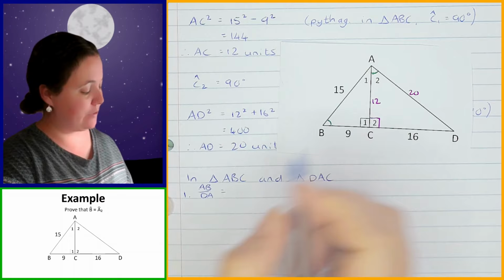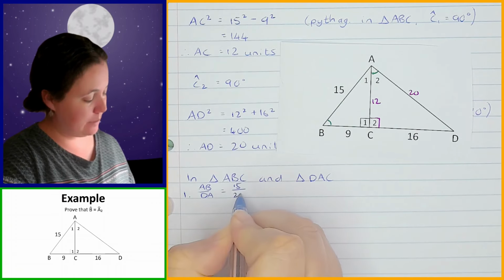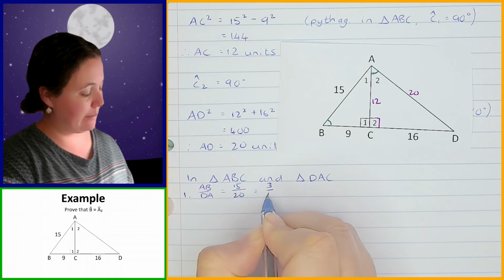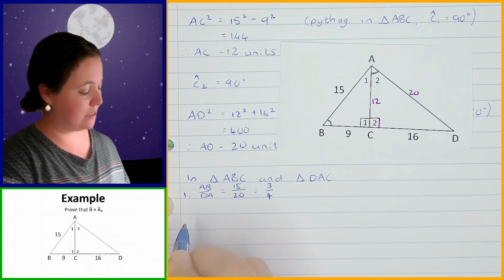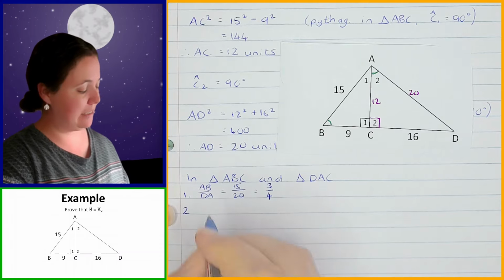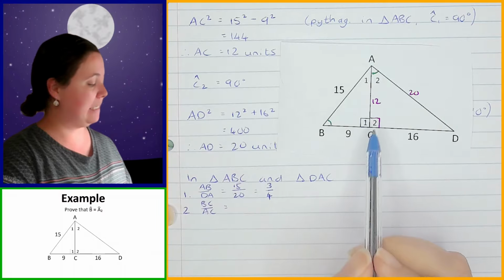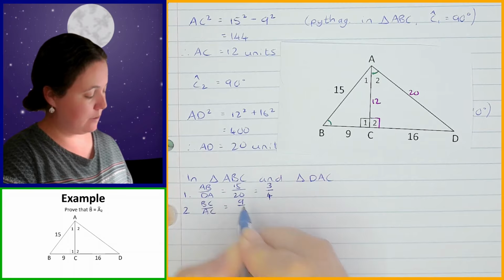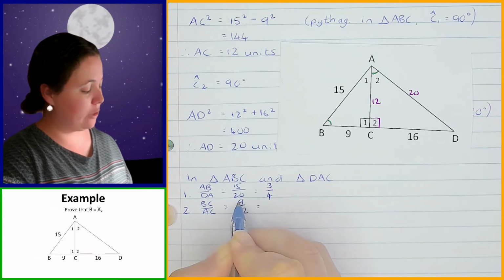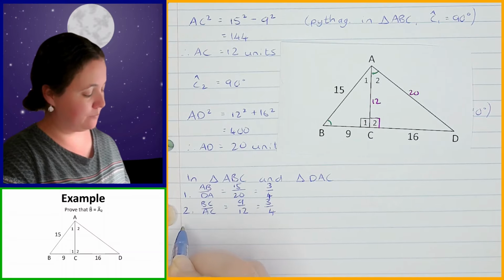So AB is 15, DA is 20. If I simplify that, 5 goes in there 3 times, 5 goes in there 4 times, so I get 3 over 4, 3/4. Right, my next statement, I'm taking BC over AC. So BC is 9, and AC is 12. 3 goes in there 3 times, 3 goes in there 4 times, so I get 3/4.